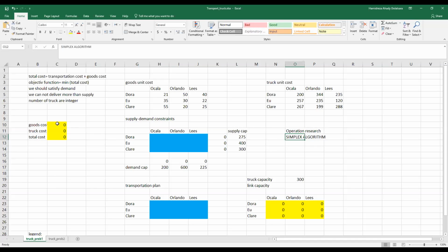Okay, look at this one. Based on whatever Excel calculates for the number of goods, I multiply by their cost and get the total cost of goods.